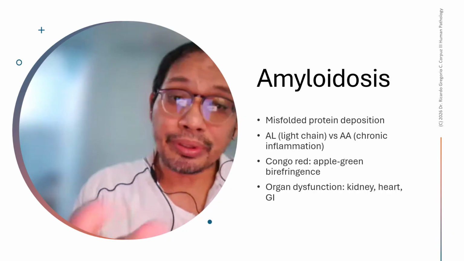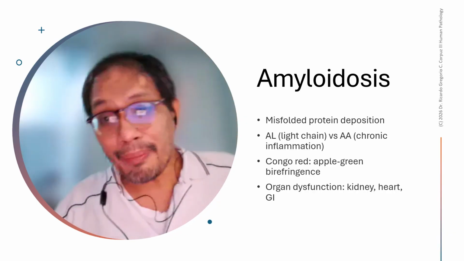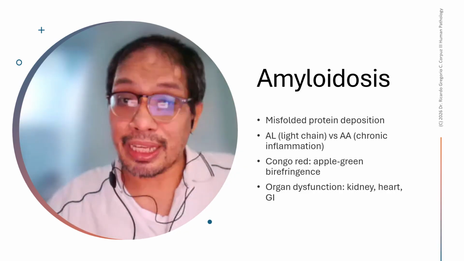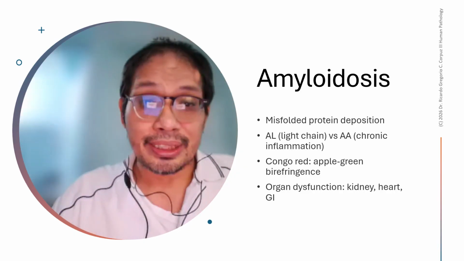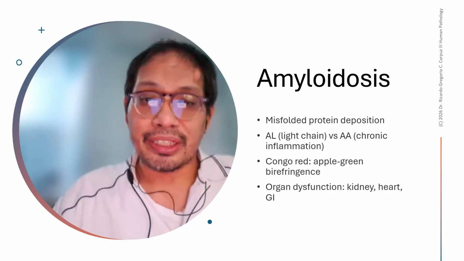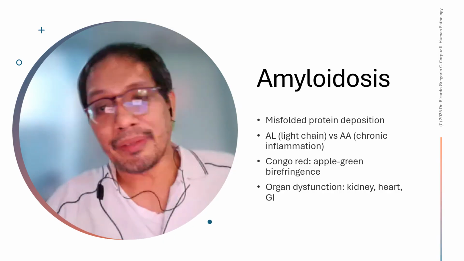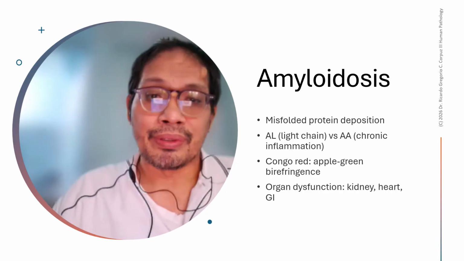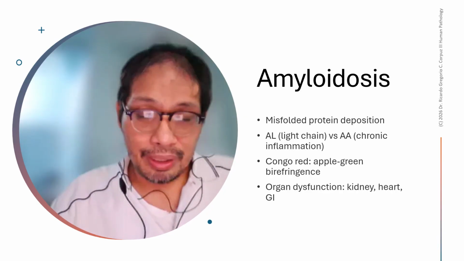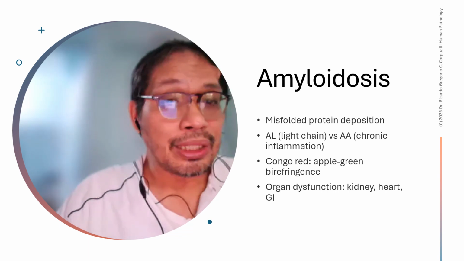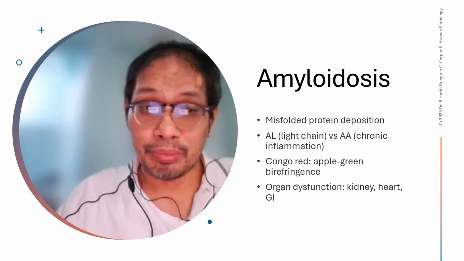The misfolded proteins adopt the beta-pleated sheet configuration, are deposited extracellularly, and compress and distort tissue. They stain with Congo red stain and show apple-green birefringence under polarized light. Clinical manifestations: kidney, you'll see nephrotic syndrome, which is most common.